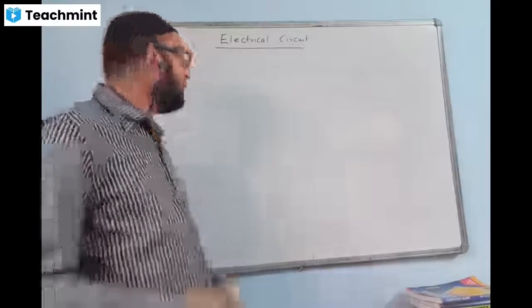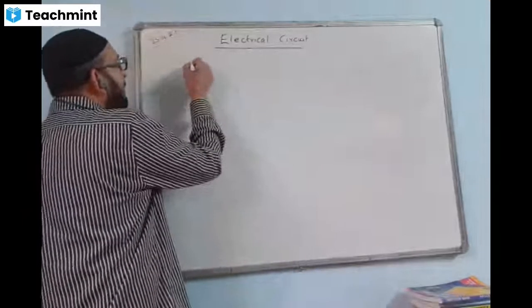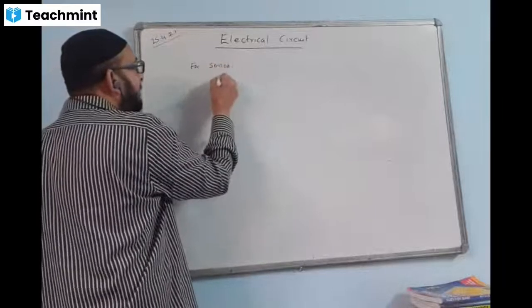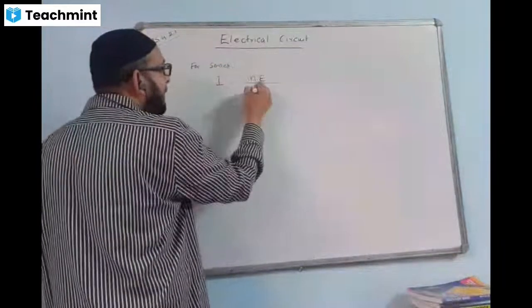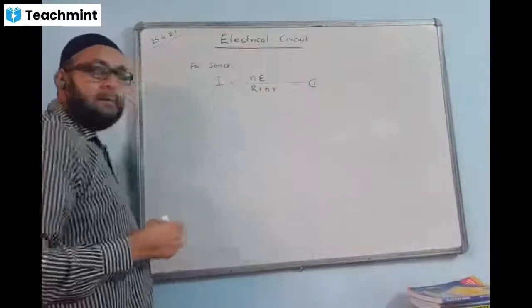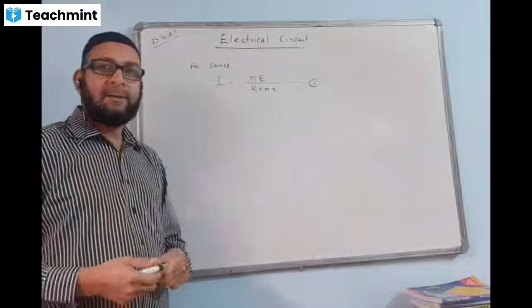I think this one should be easy. So we'll write here for series combination of n cells, I formula was like this: I equals nE by R plus nr. If you remember it. If you don't remember, turn the pages and go back and see. It is there.